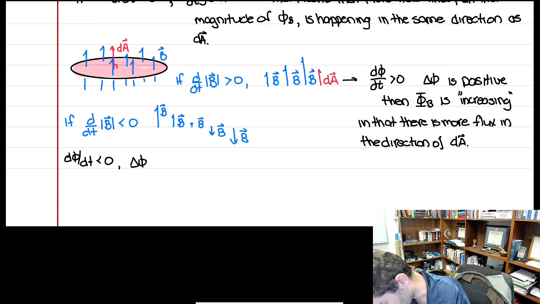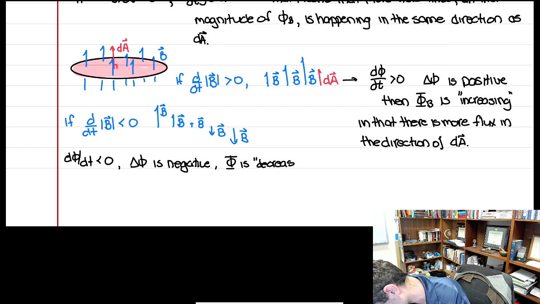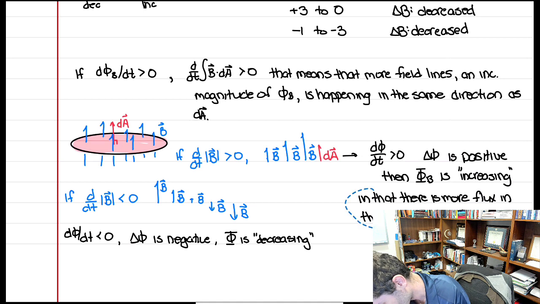The change in the flux is negative, or the total flux is decreasing at all of these points, in that there is more flux anti-parallel to dA.